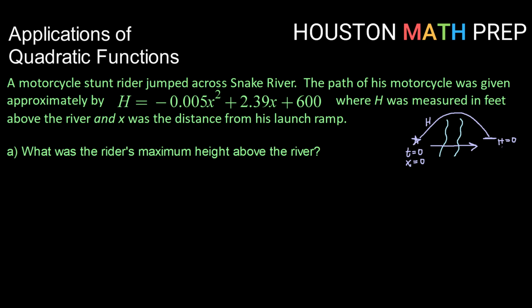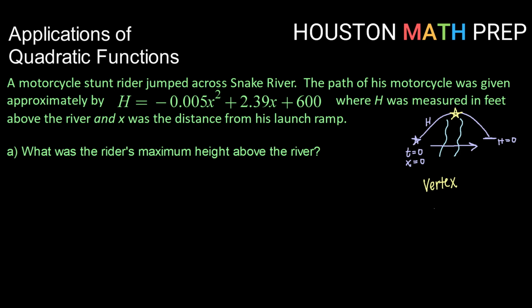So here we go. What was the rider's maximum height above the river? If we're thinking about maximum height, we're thinking about trying to find this point right here. We call that point the vertex of our parabola.